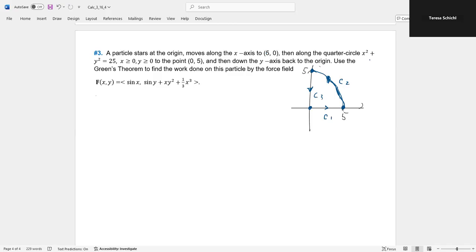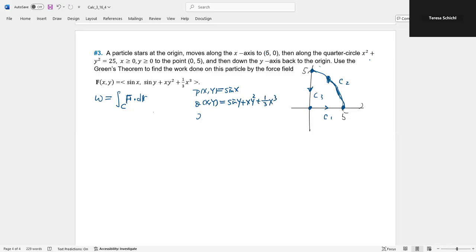So I know the work done is equal to the integral along this curve of F, the field dot product dr. So let's write my P(x, y) and Q(x, y) again. P(x, y) is sin x, Q(x, y) is sin y plus xy squared plus 1/3 x cubed.